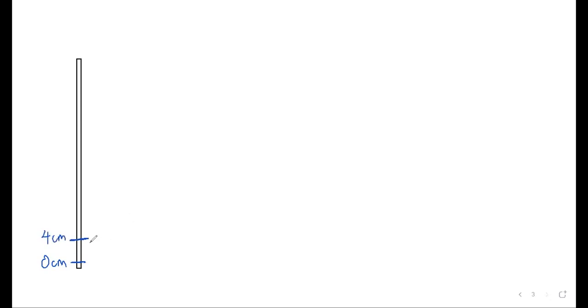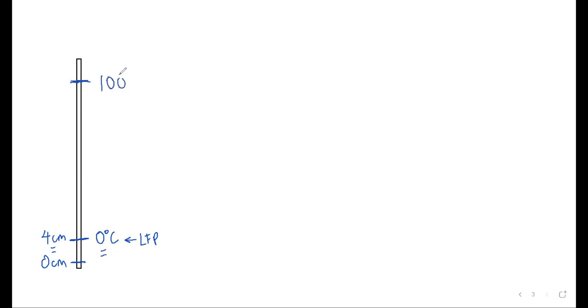When we place the thermometer in ice cubes, the lower fixed point, the temperature is 0 degrees Celsius, so the length of mercury is 4 cm.